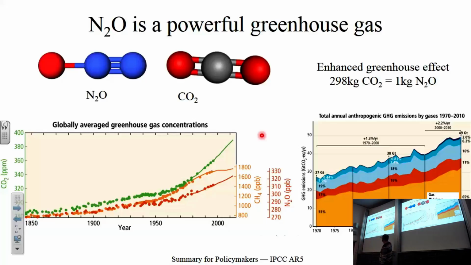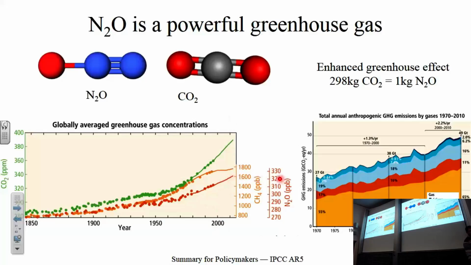If you look at the atmospheric concentrations of this gas through time, as we've changed our farming habits, we've increased the amount of nitrous oxide production, and you can see the radiative effect of that.